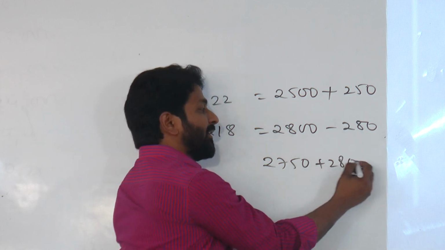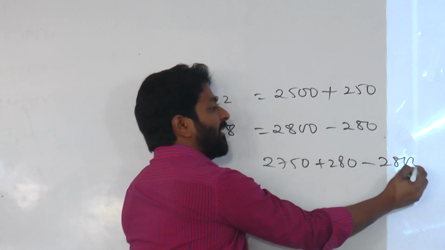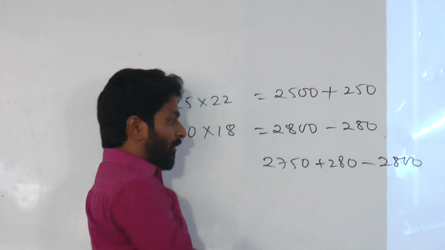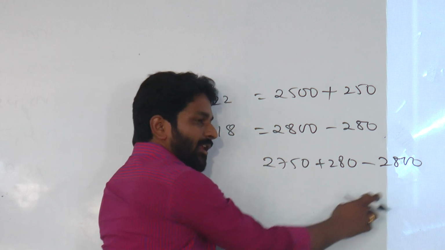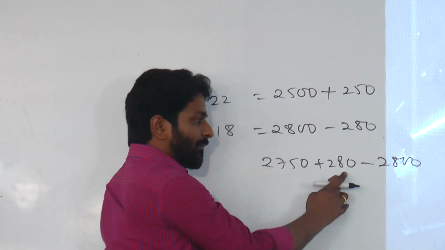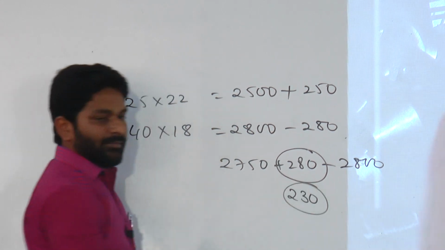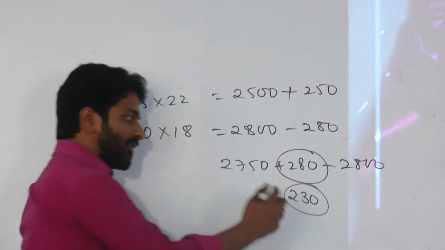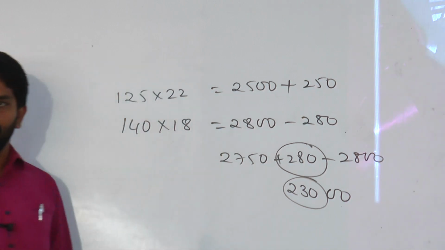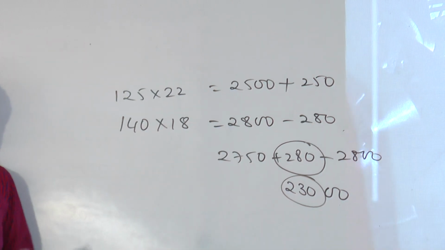Plus 280 minus 2800. Again you need to subtract 50. Subtract 50 from this number, you will get 230. And then you need to add 2 zeros. Forgot 2 zeros. We need to add 2 zeros.